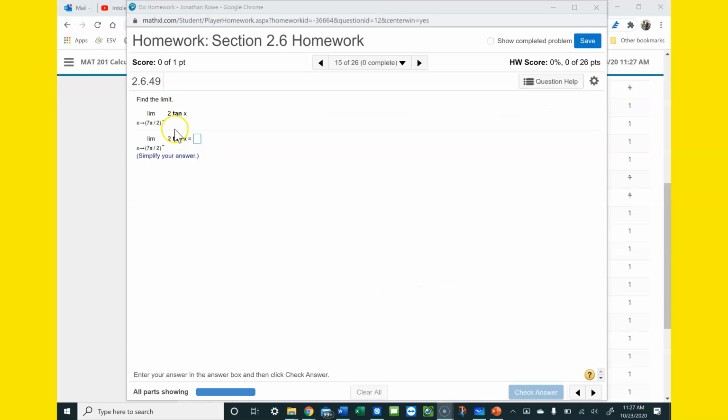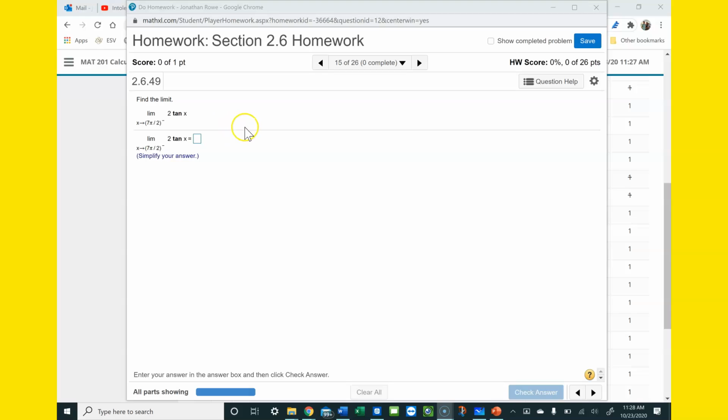Another way to approach this problem, if the algebra was kind of stumping you a little bit, you could graph 2 tan x in your calculator, put that in for y1, and then when you graph it, hit zoom and then go to zoom trig.